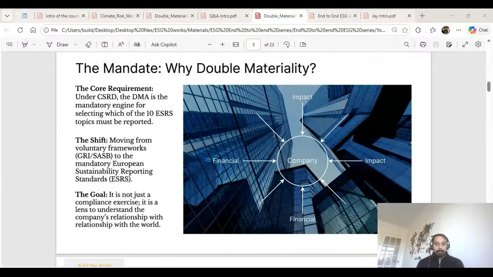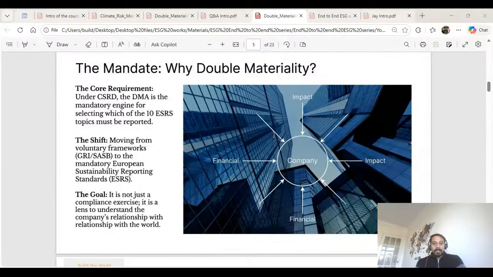Previously, companies voluntarily followed GRI, SASB, TCFD, and if the government regulated it, it asked listed companies, for example in India, the BRSR for the top 1,000 listed companies. In the UK, it was earlier the TCFD.